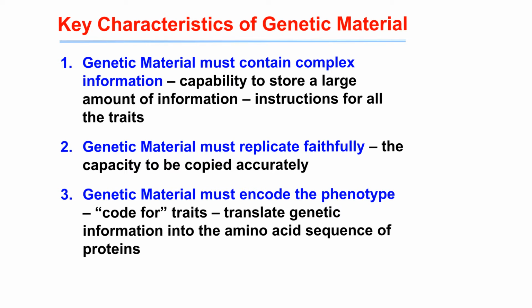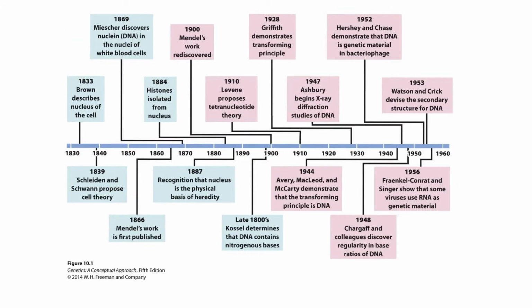So let's now discuss very briefly the basic discoveries which contributed to today's understanding and knowledge of how DNA encodes genetic information. We have to go more than 100 years back to understand the road which was taken up to the time when we could actually define the structure and function of DNA.